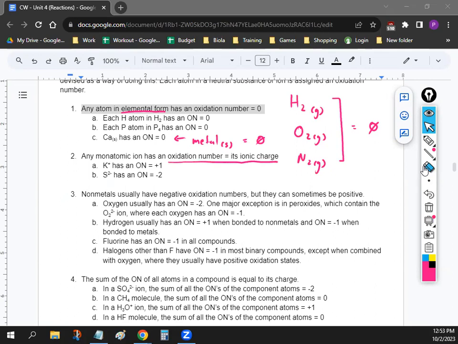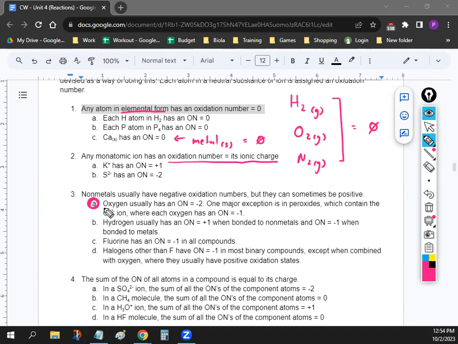Okay, let's go to number 3, and that's kind of a very annoyingly worded rule, but nonmetals usually have negative oxidation numbers, but they can sometimes be positive. So this is a very important one to remember. This part 3A is the one that usually controls the reaction, okay?